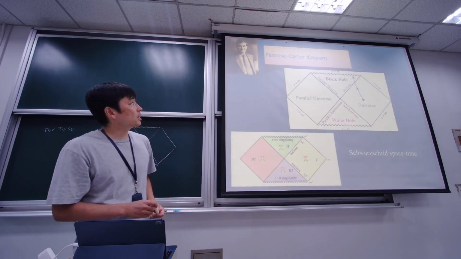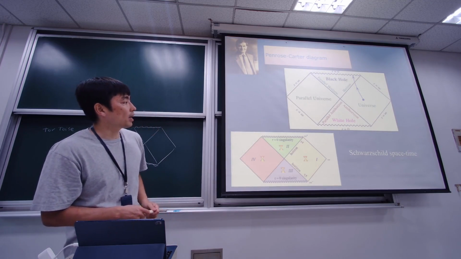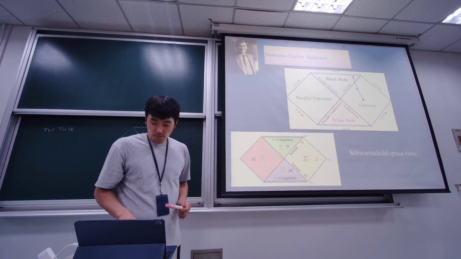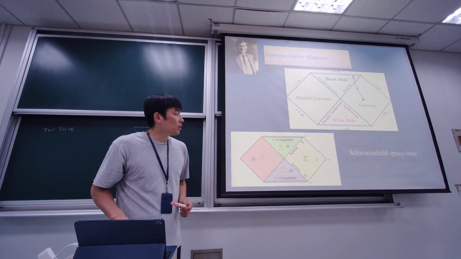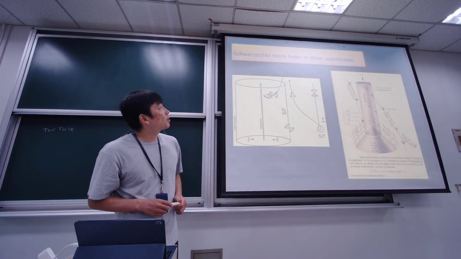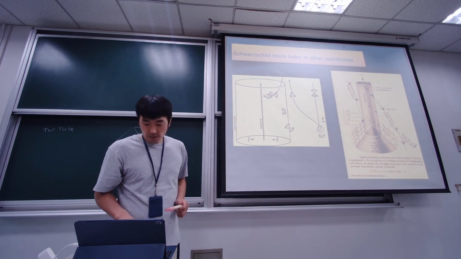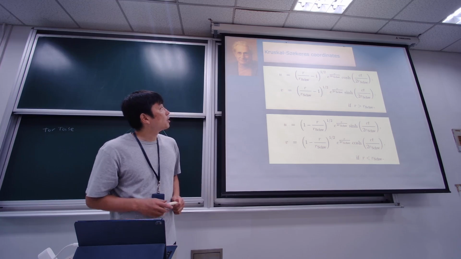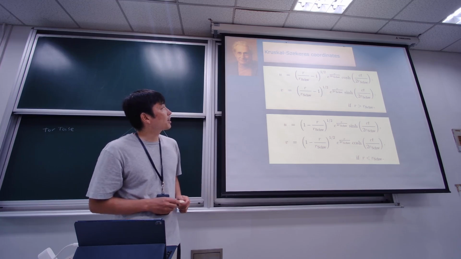So these are eternal black holes, as I wrote here, so it's just a theoretical one. Okay, again the other coordinate. Those are the ones, and we introduce the classical Zecharis coordinate.